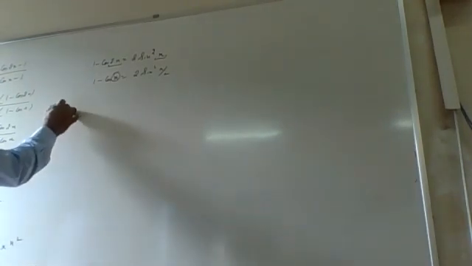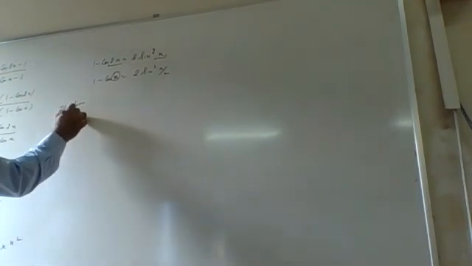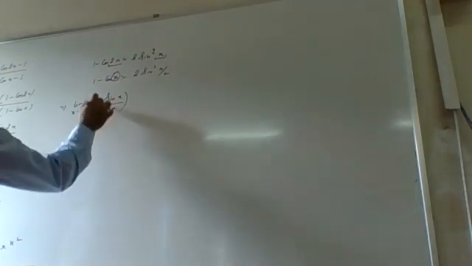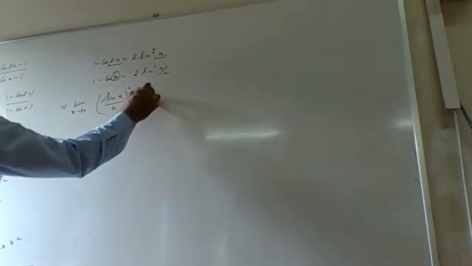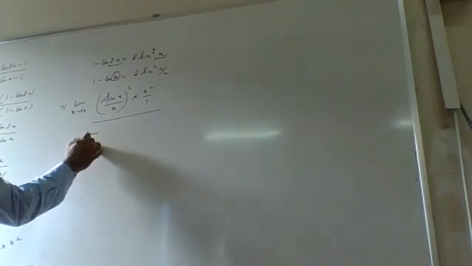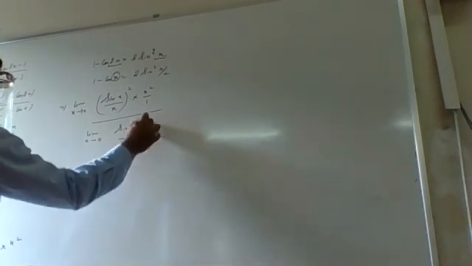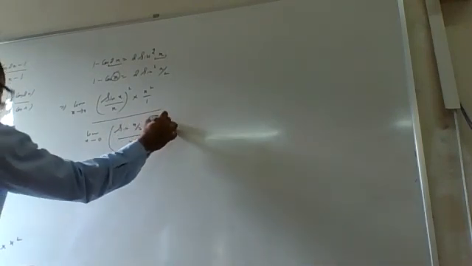So which implies limit x tends to 0, (sin x upon x) whole square multiplied by x square upon 1 upon limit x tends to 0, (sin x by 2 upon x by 2) whole square multiplied by x square upon 4.